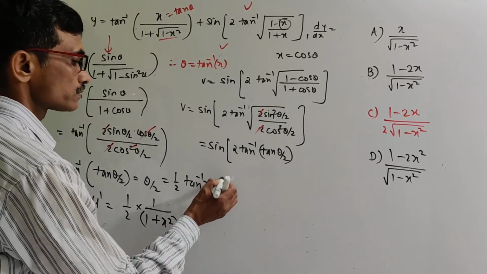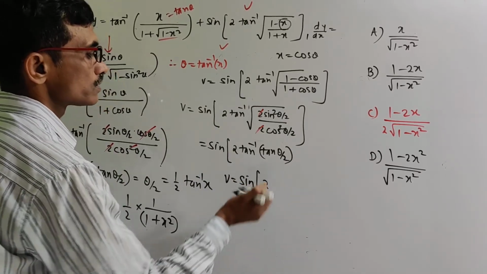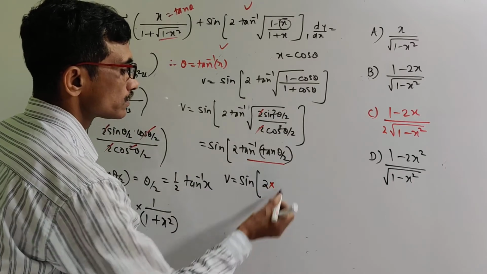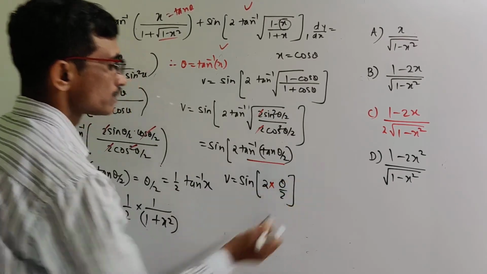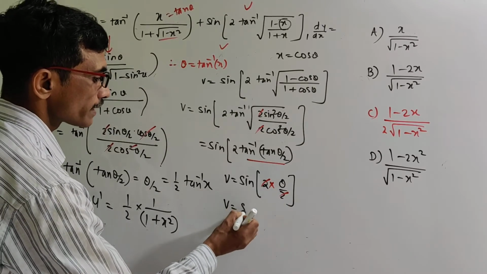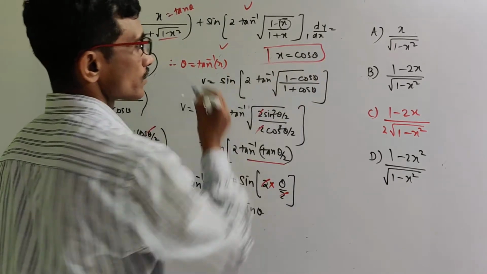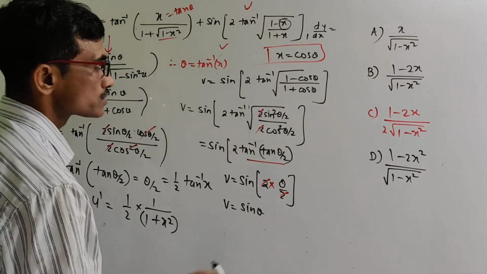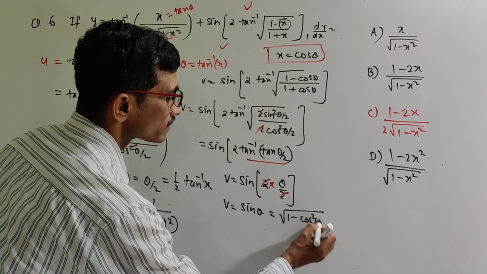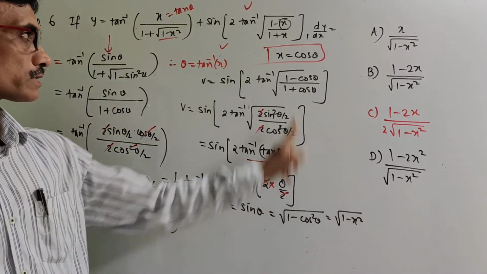So v will be equal to sine of 2 times theta by 2, and the theta by 2 and 2 are getting cancelled. V is equal to sine theta, but our substitution is x is equal to cos theta. So this will be root of 1 minus cos square theta, which is root of 1 minus x square, because cos theta is x.